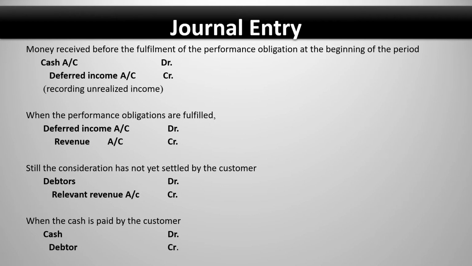At the end of the period, all the income realized for the year is transferred to the income account from these relevant revenue accounts. Under SLFRS-15, the most important part is the disclosures.